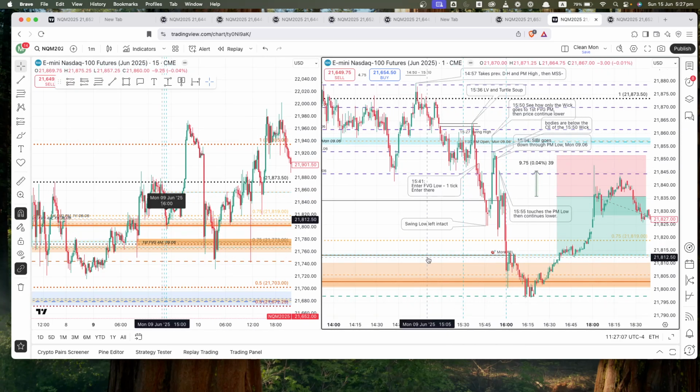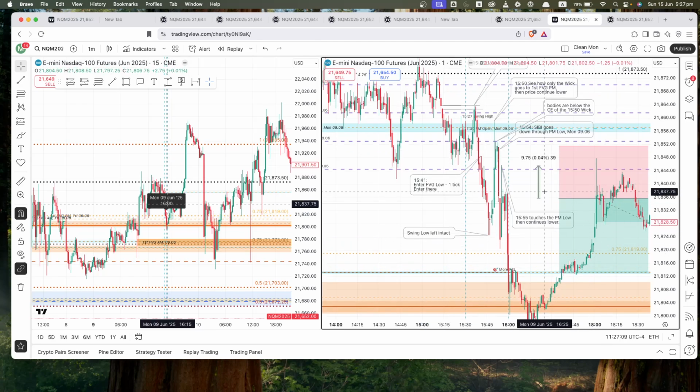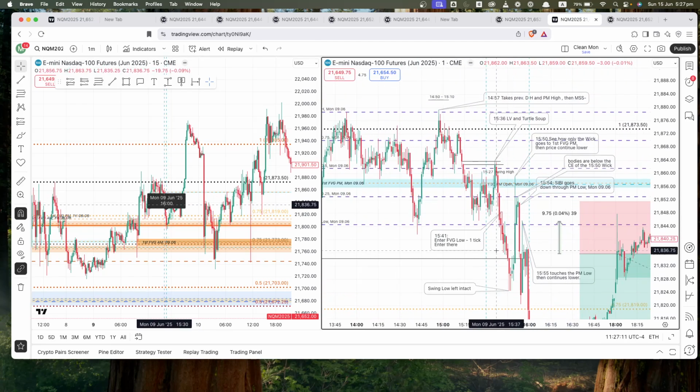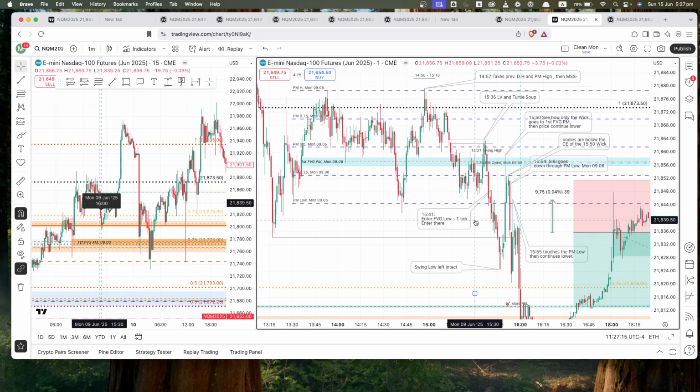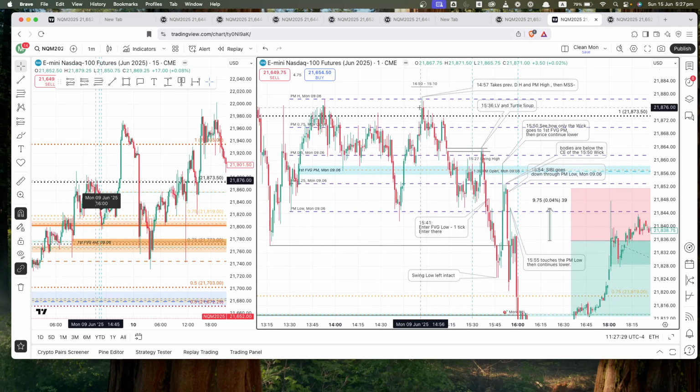So if we take Monday, 3:30. Here we notice when 3:30 price hits the market that we are at the 0.25 range of the PM session between 1:30 p.m. and 2 p.m. And here we notice how at 1:50 we took the high, and that's the previous day high over here.